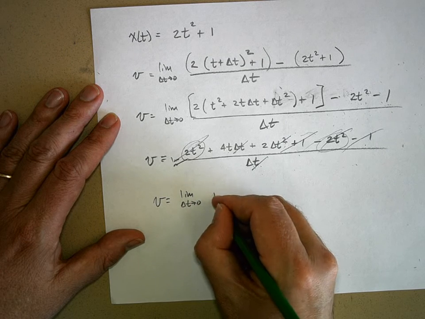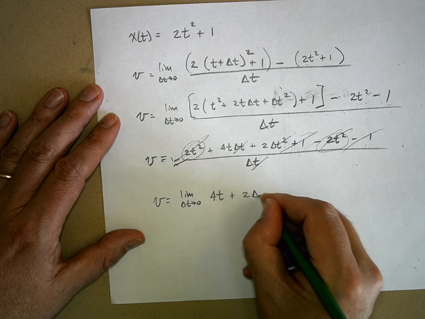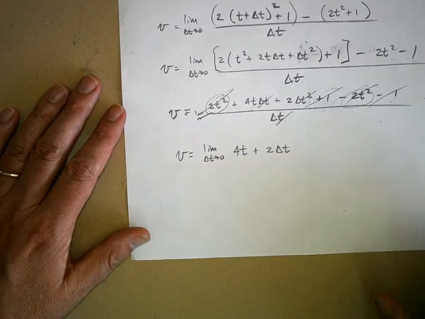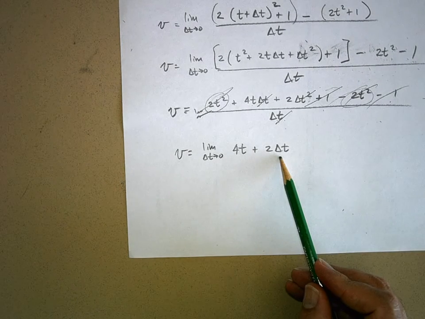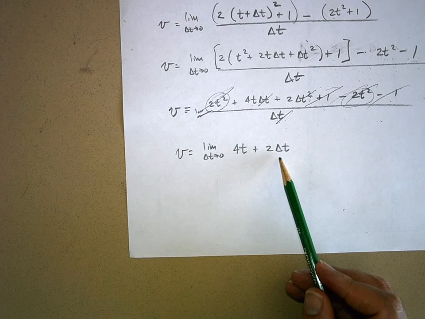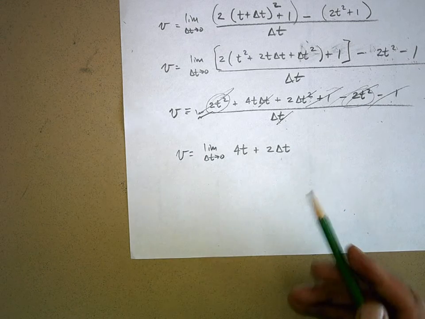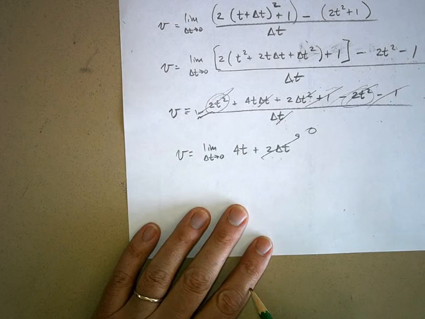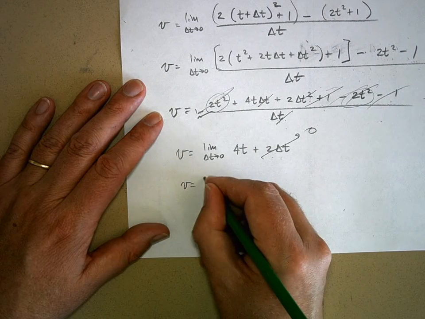4t plus 2 delta t. Now, we're almost to my answer, but what's happening to this delta t? It's going to 0. So 2 times something that's going to 0 is still going to 0. So this thing goes to 0. The only thing left is 4t, and that's my velocity.